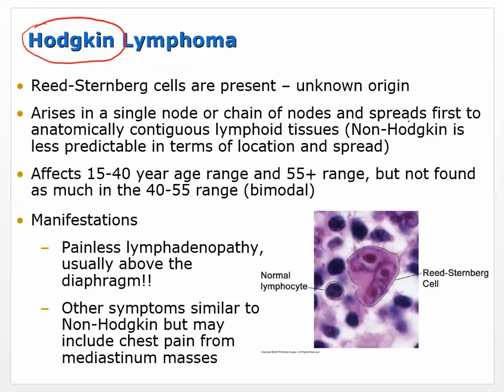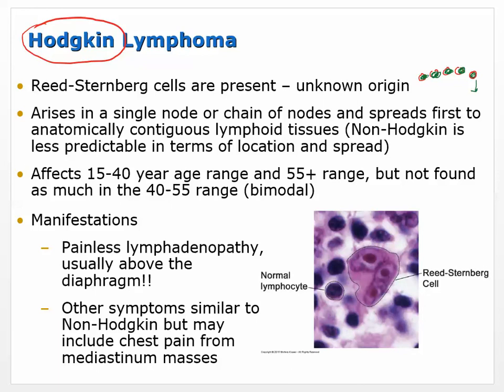Now, like I mentioned earlier, remember non-Hodgkin didn't follow any predictable pattern. Hodgkin arises in a single node or chain of nodes and spreads first to anatomically contiguous lymphoid tissue. So it has a more predictable pattern of spread. Okay, non-Hodgkin is less predictable in terms of location and spread.